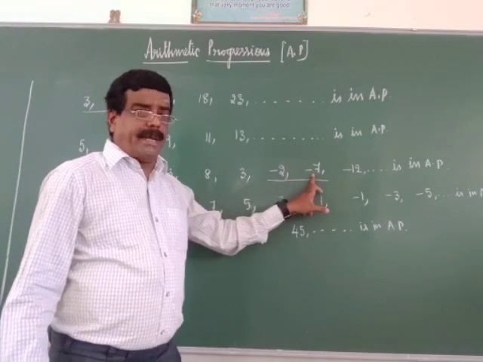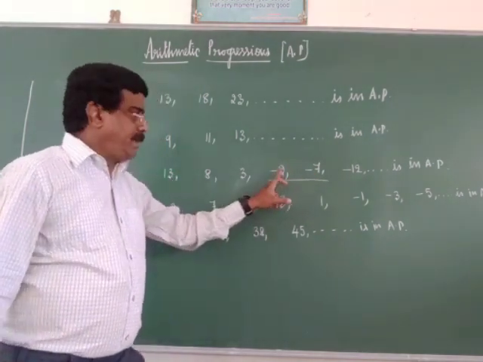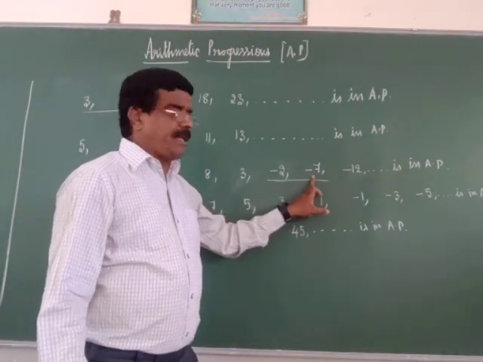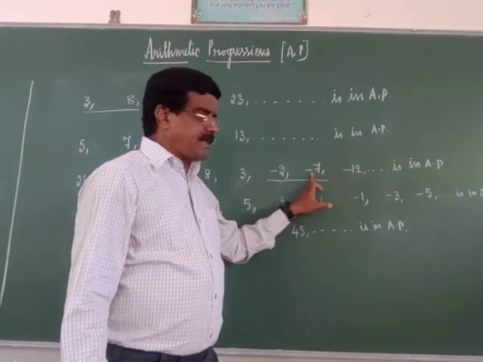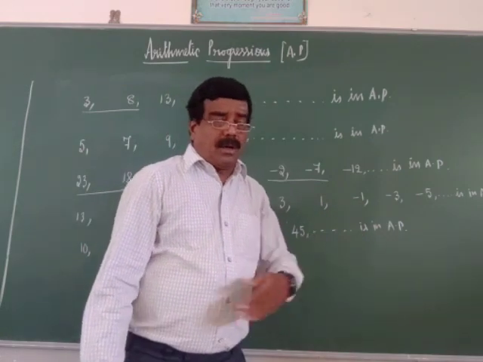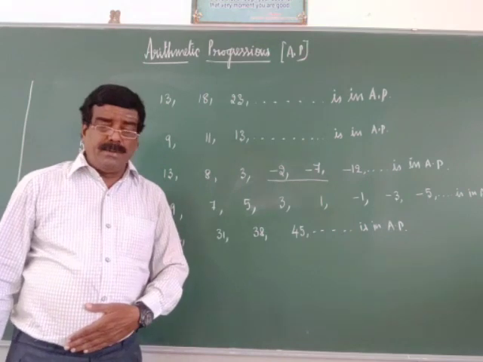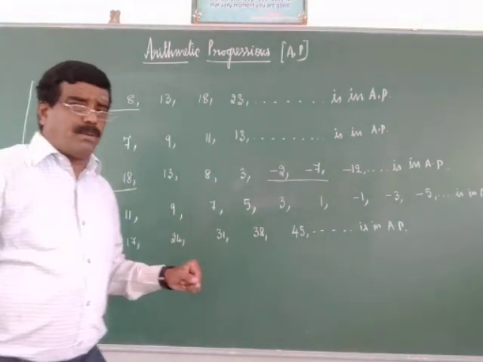It means minus 7 plus 2 is minus 5. Similarly here, children, minus 12 minus 7. Change the sign: minus 12 plus 7 means again it is minus 5. Like that, the common difference between any two consecutive terms must be the same to consider the sequence to be in AP. That's the most important condition.